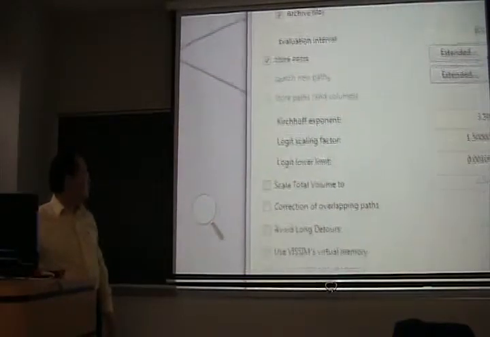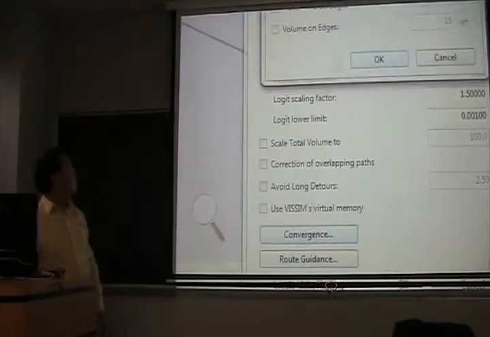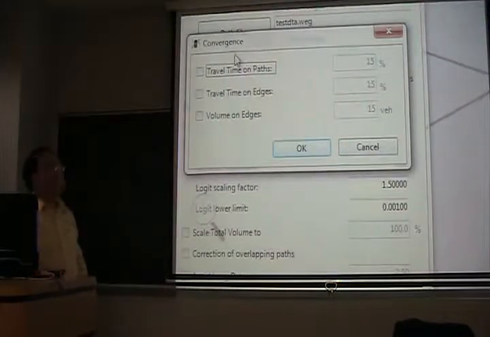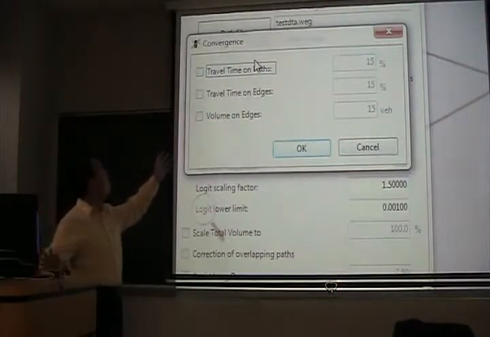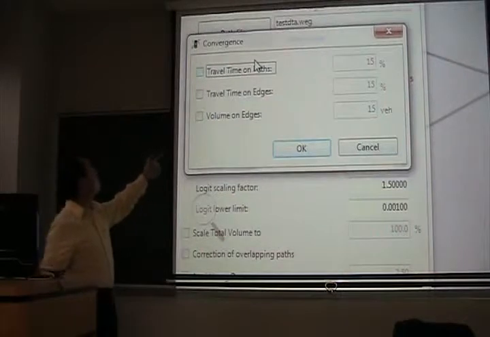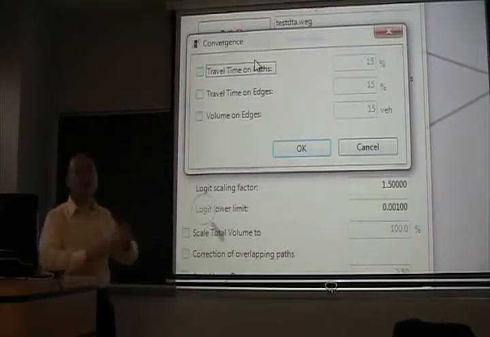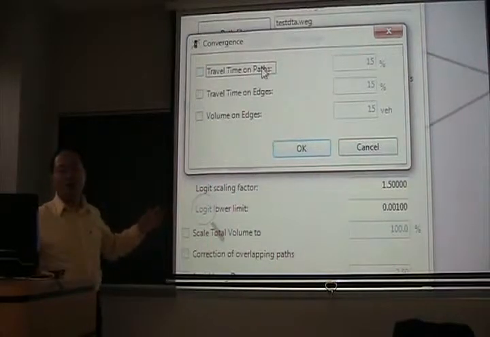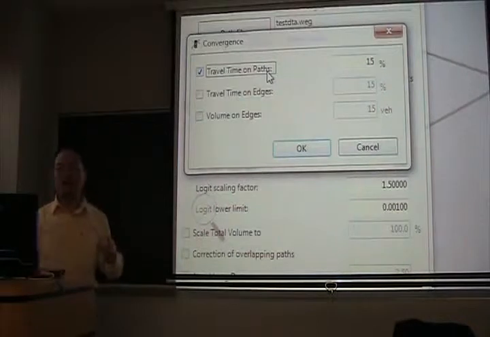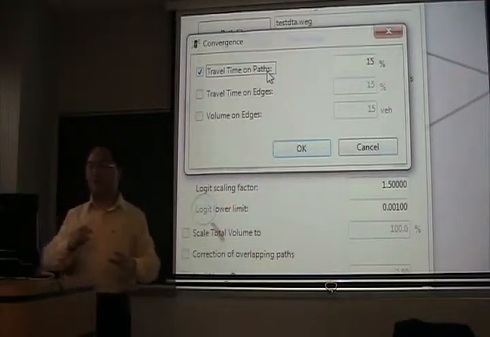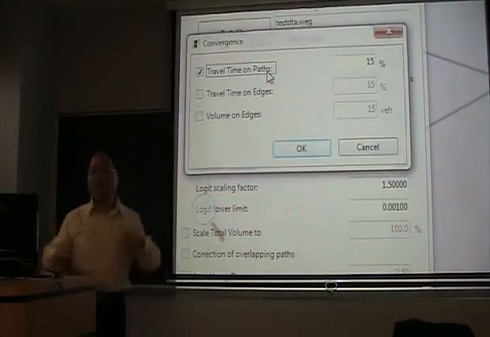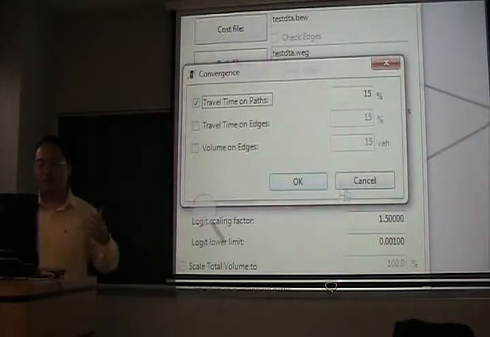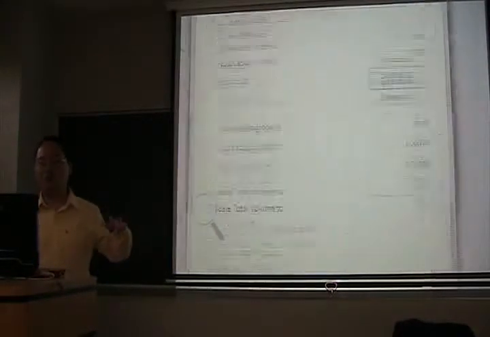If you click this convergence button, you can select from one of these convergence criteria. They recommend you to use only one, maybe travel time on path. So if the travel time on each path is kept within 15% of the last run, then it's considered as convergence, and the multiple run will stop.